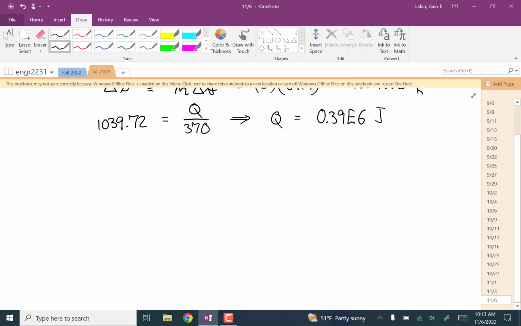And then the last one, you have a 1 kilogram metal part that starts at 1,000 Kelvin. You have a mass of the metal of 1 kilogram.